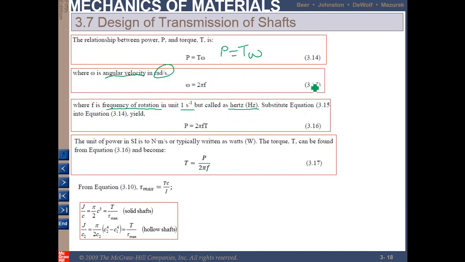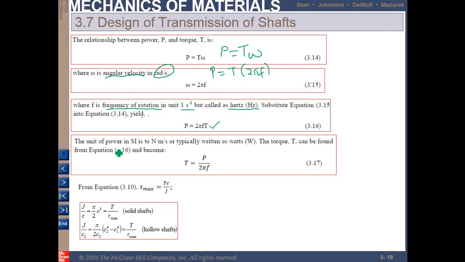Substitute equation 3.5 into equation 3.14, and you will get P is equal to T times omega, where omega is 2 pi f. You will get this equation.